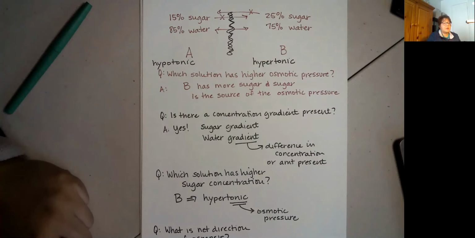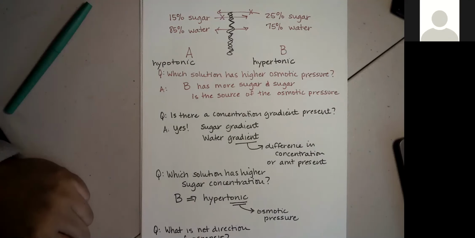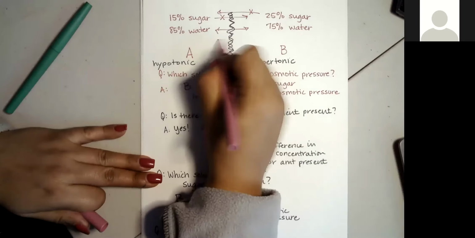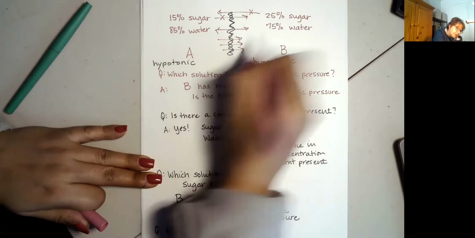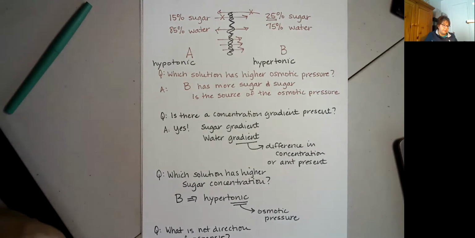Which way is the water going to flow? Is it going to flow mostly into A, or mostly into B? Tell me out loud. Gonna flow mostly into B. Yeah, very good. It always goes towards higher osmotic pressure.